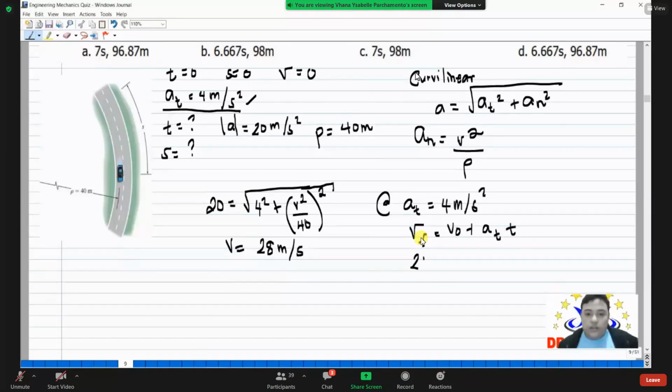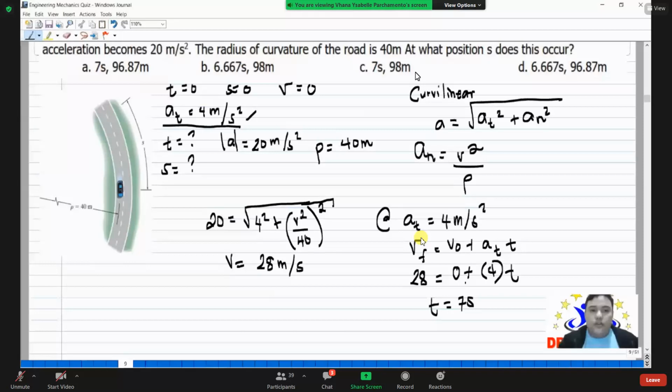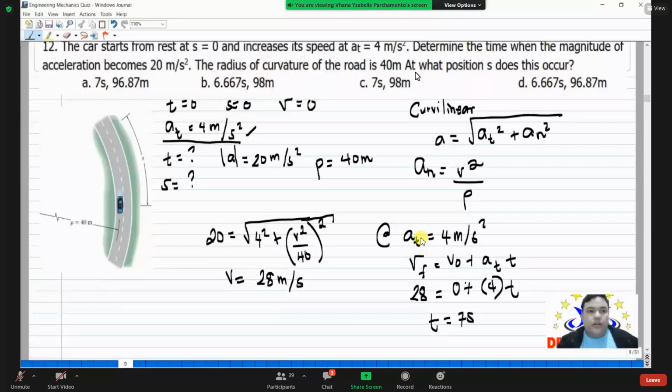So that is 28 yung ating final. So that is equal to initial. So starts from rest 0 plus yung ating tangential acceleration na 4 times t. So t is equal to 7 seconds. So from here, that is letter A and letter C. Tingnan natin kung ano yung S pa natin.